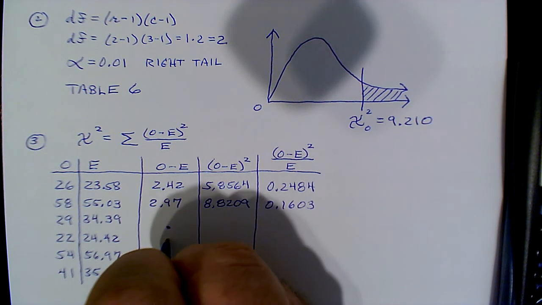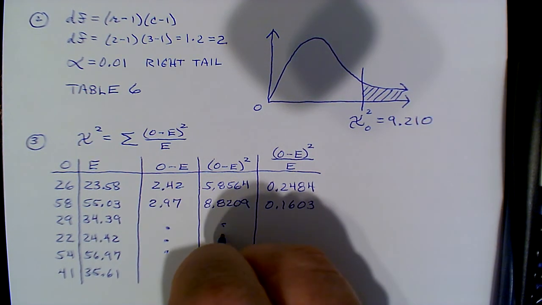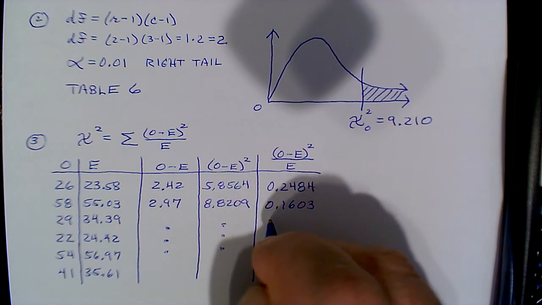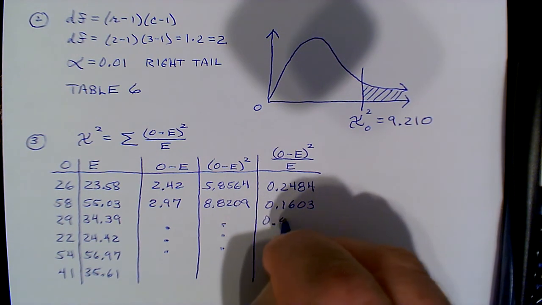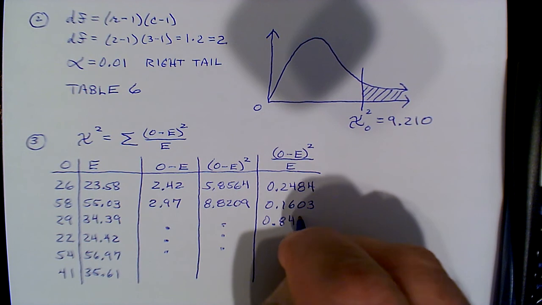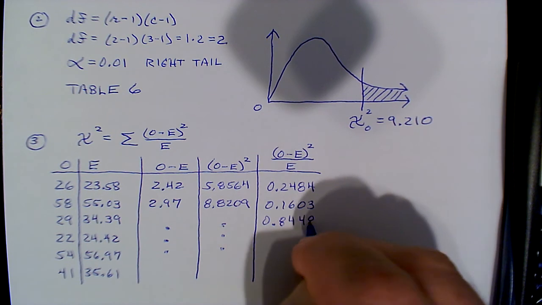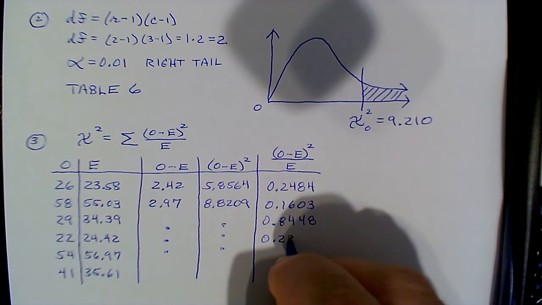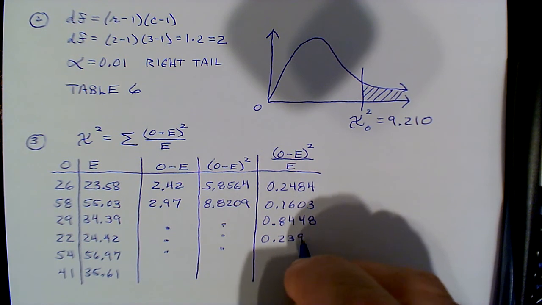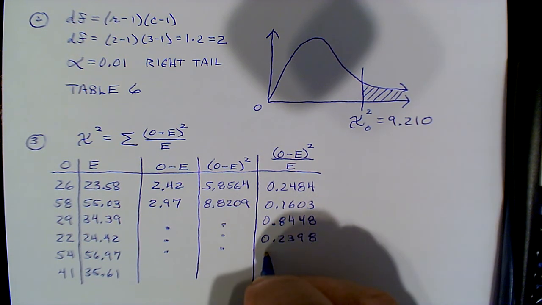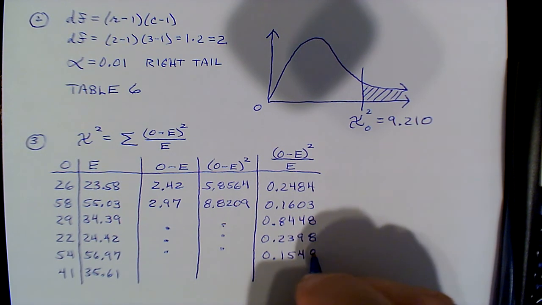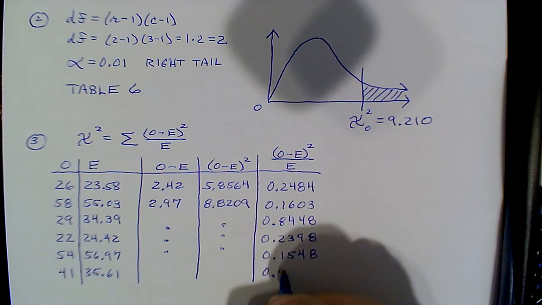Okay, so once again, you can fill these in if you like. I'm just going to fill in the results, double check my work. For the third one, we get 0.8448. Next one, 0.2398. Then 0.1548, and finally 0.8158.